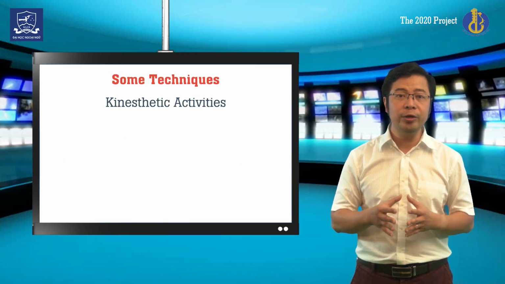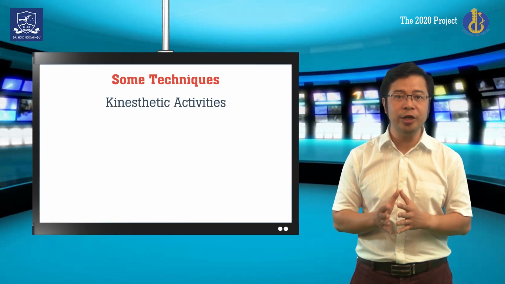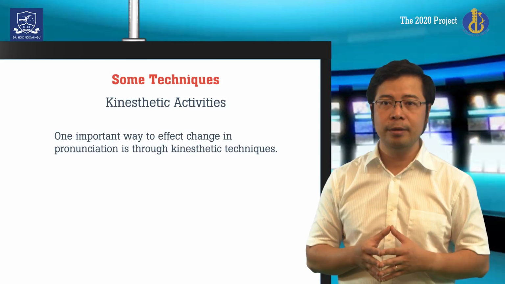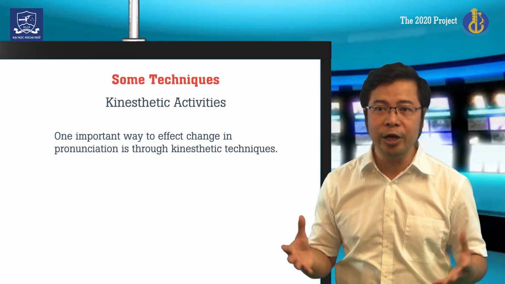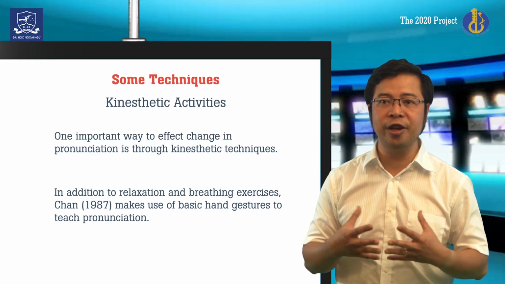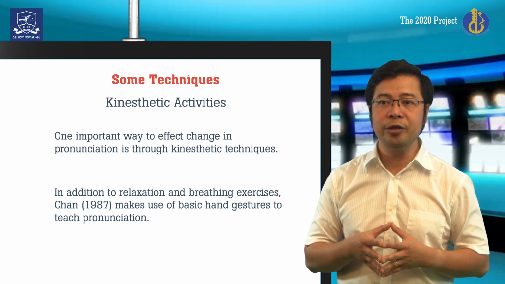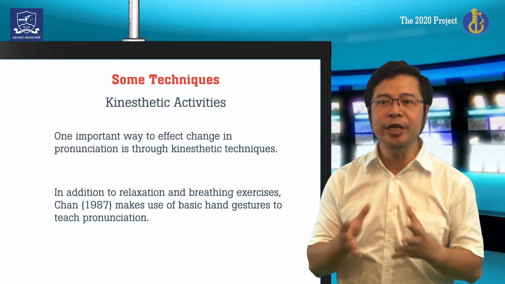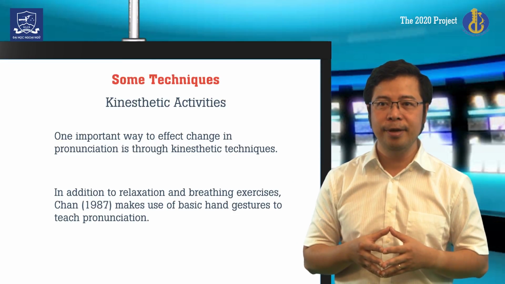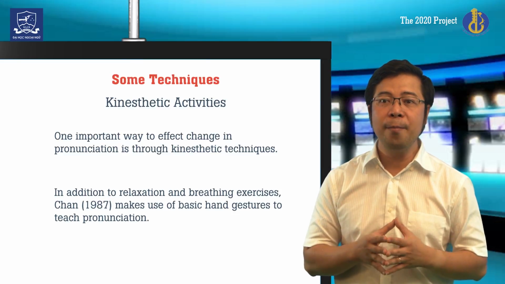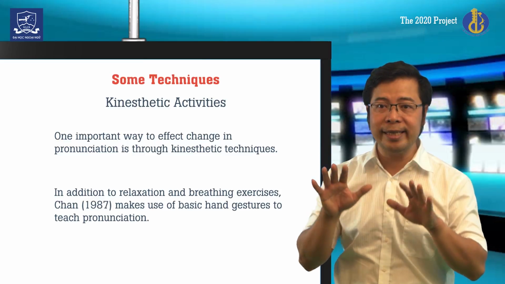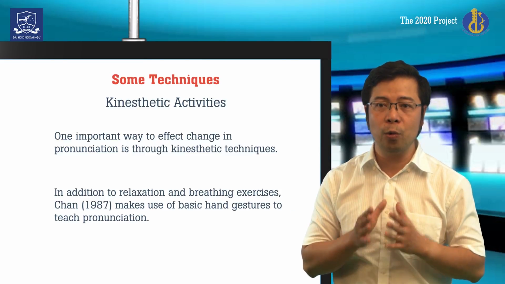One important way to affect change in pronunciation is through kinesthetic techniques. In addition to relaxation and breathing exercises, Chan makes use of basic hand gestures to teach pronunciation. Syllables are shown by the number of fingers one holds up or by tapping out the number with one's hand.